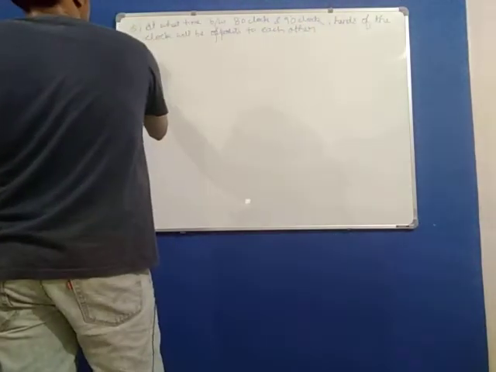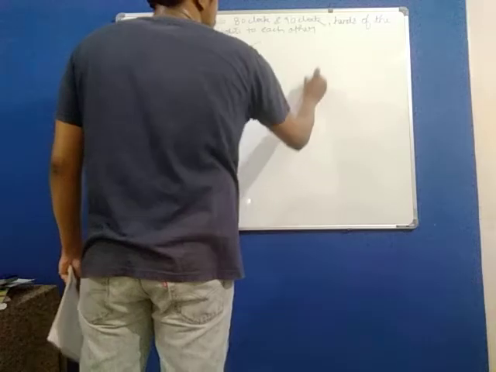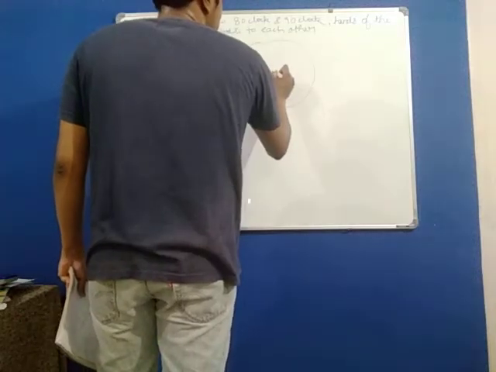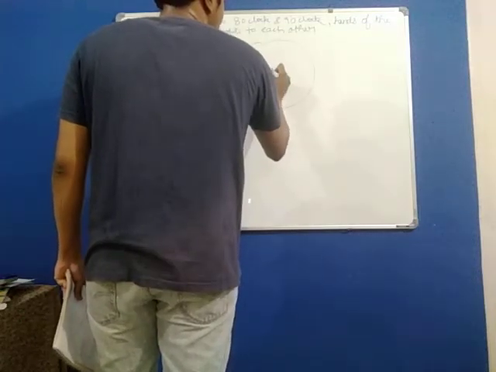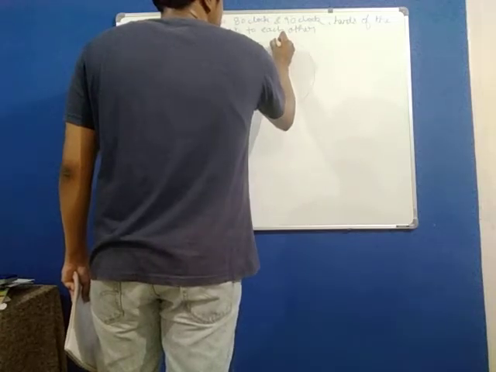Now again, let us consider the position of the clock at 8 o'clock. So this is the clock and this is the clock at 8 o'clock. This is the hours hand and this is the minutes hand.